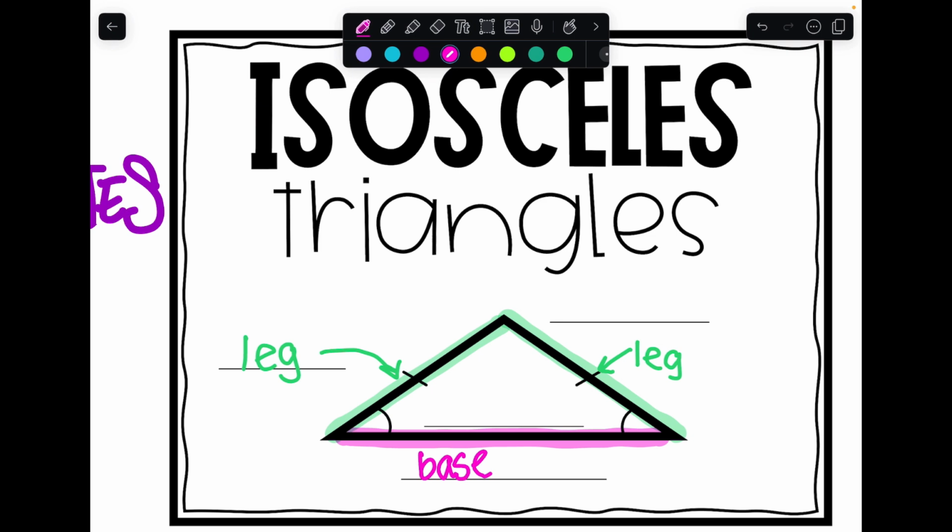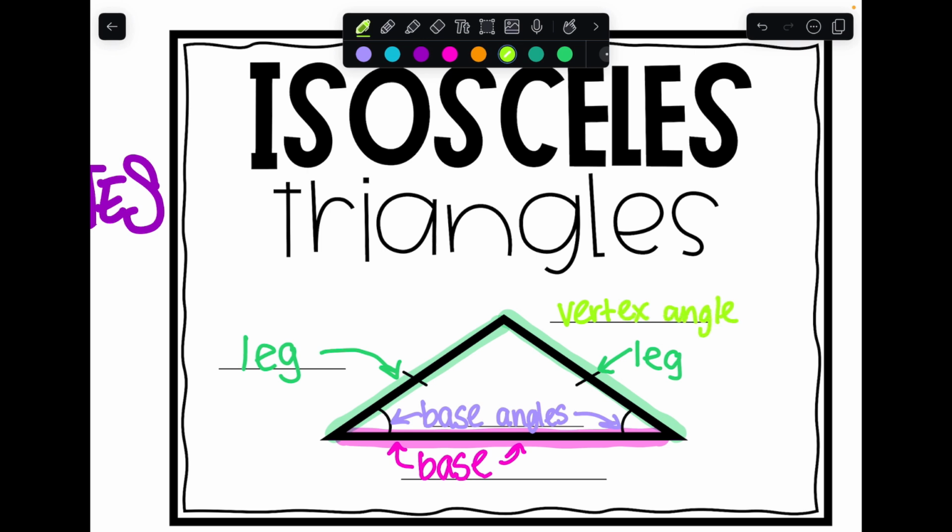Just because it's called the base does not mean that it is at the bottom. Base in this case just means any side that is not congruent to any other side. So if an angle is formed by both a leg and a base, those are called the base angles. And last but not least, the angle that is formed by the 2 legs is called the vertex angle.